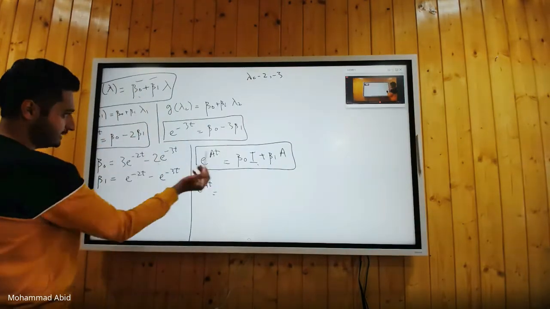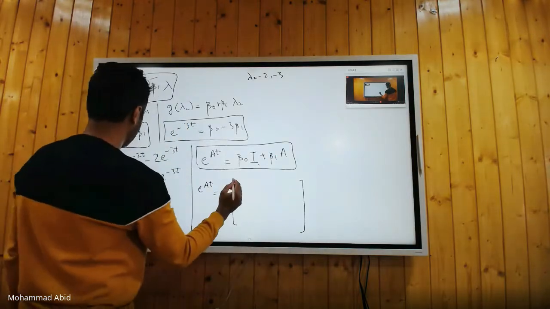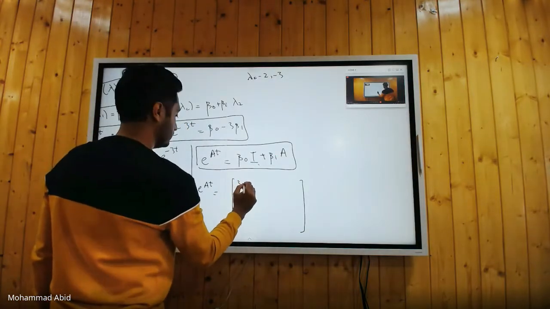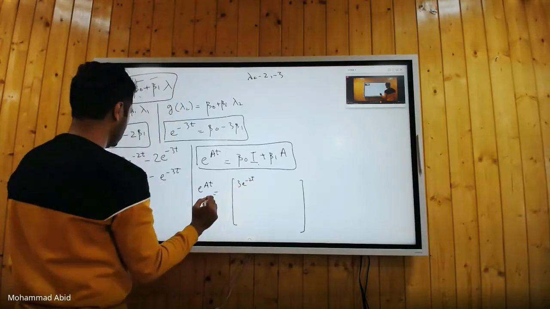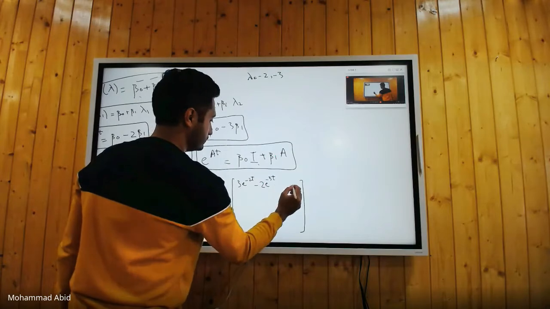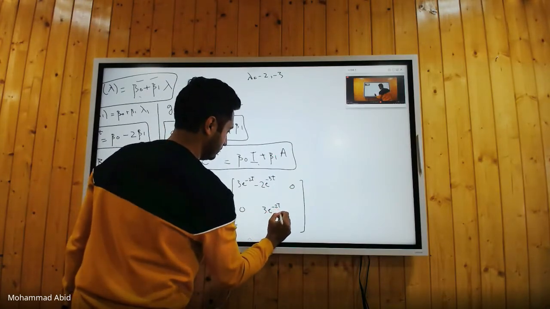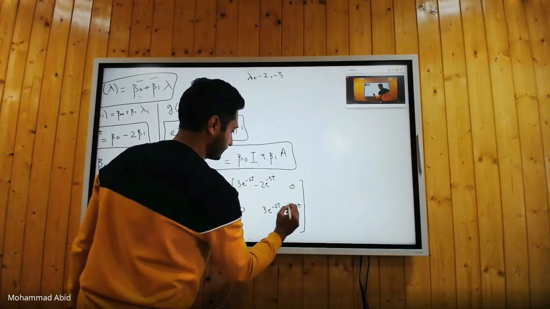This beta naught gets multiplied with I. So I can write it like this: 3 e to the power minus 2t minus 2 e to the power minus 3t on the diagonal, 0, 0, again the same thing, 3 e to the power minus 2t minus 2 e to the power minus 3t.